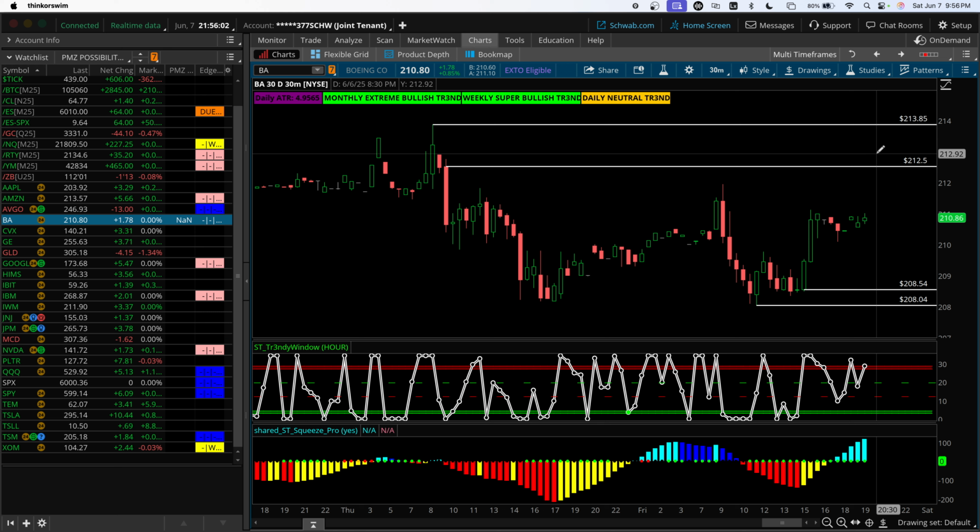If price were to rally to this sell zone at 212.50, then I would be looking to buy puts to trade it back to my buy zone, which would be the target, giving me a reward on a trade to the downside of approximately $4.